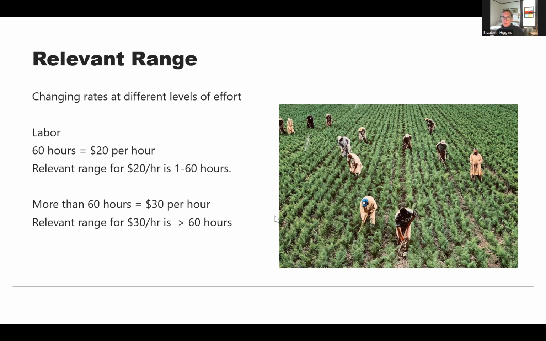This can be important to think about, especially with equipment that has a break point, a point at which you need to make a decision, because after a certain point that system might not work anymore. You see this often in operations.